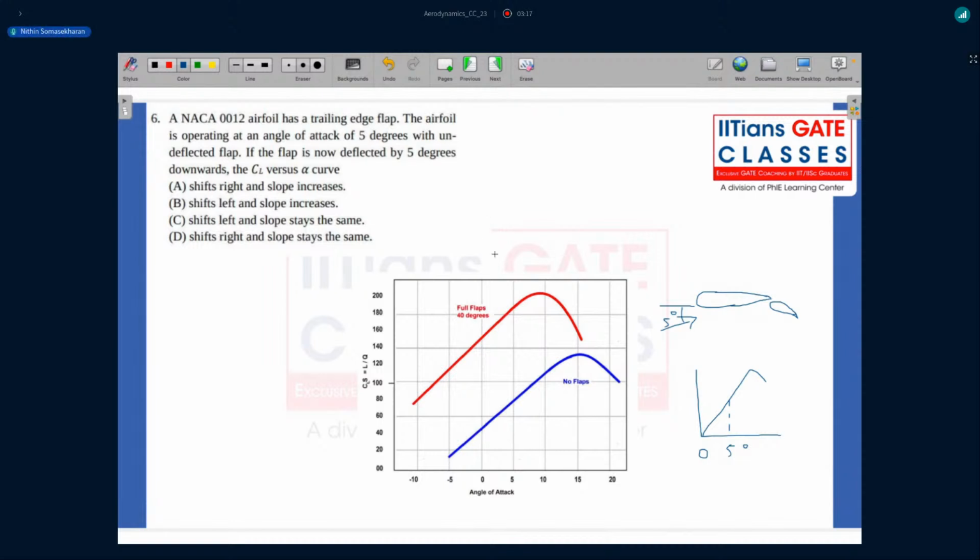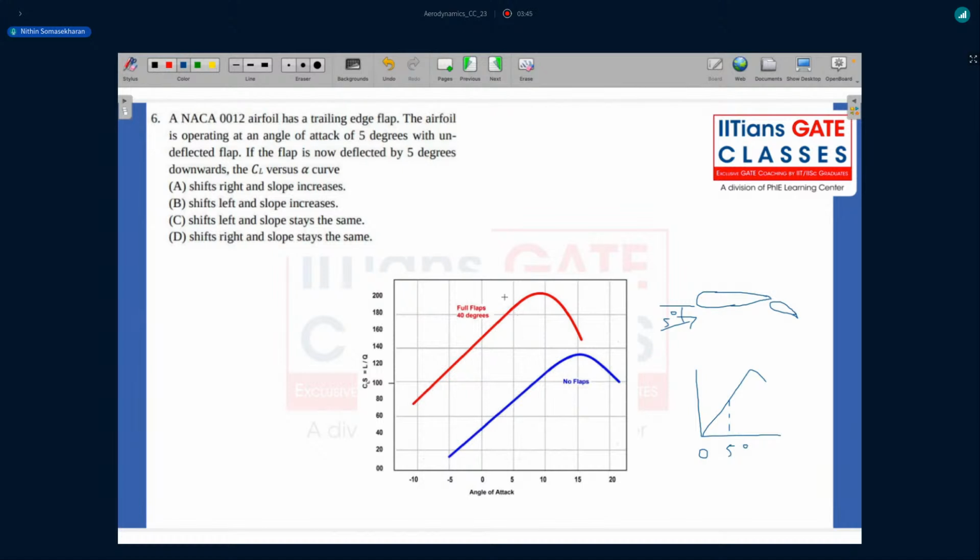So to analyze that, I've just kept a figure over here, which basically compares an airfoil. In this case, it's a non-symmetrical airfoil, but just to explain the concept, the scenarios of CL versus alpha with flap and without flap. So what basically the addition of flap does is for a given angle of attack, it basically shifts the curve a little bit upwards.